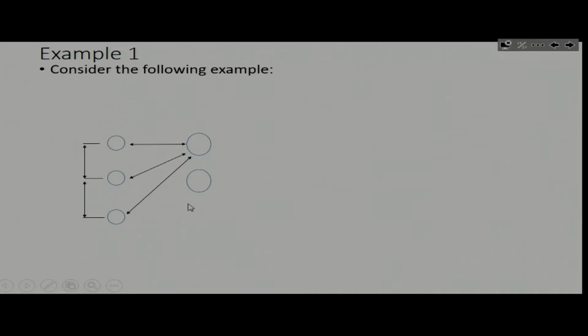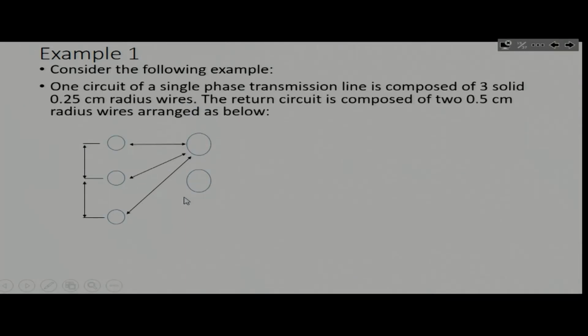So let's look at example 1. One circuit of a single phase transmission line is composed of 3 solid 0.25 centimeter radius wires. The return circuit is composed of 2 solid 0.5 centimeter radius wires arranged as below.